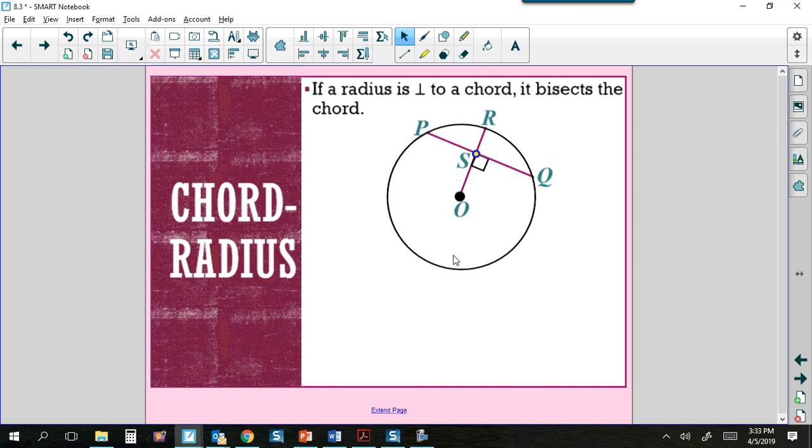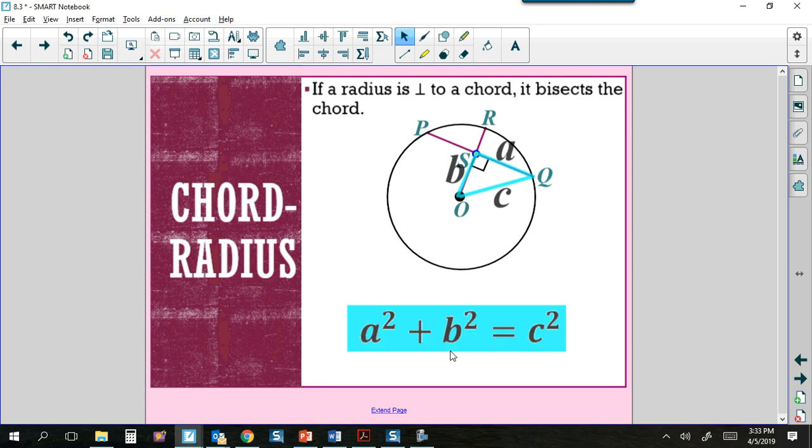So you will know both. Similar to the first one with a radius and a tangent, we will mostly use the Pythagorean theorem with this. If I were to draw a radius connecting O to Q or O to P, here's your A, B, and C for the Pythagorean theorem. But if we gave you some angle measurements, you could do trigonometry as well to find the missing side lengths.